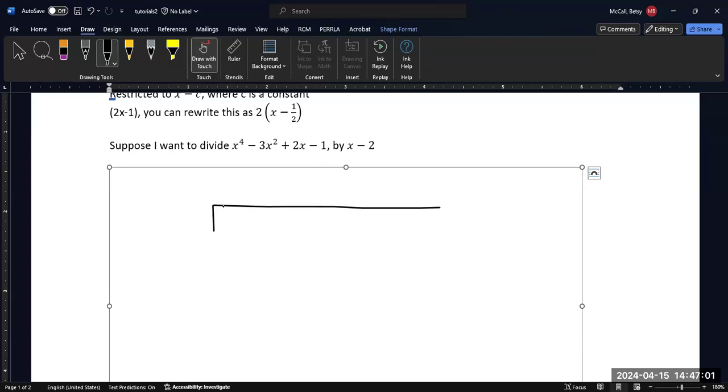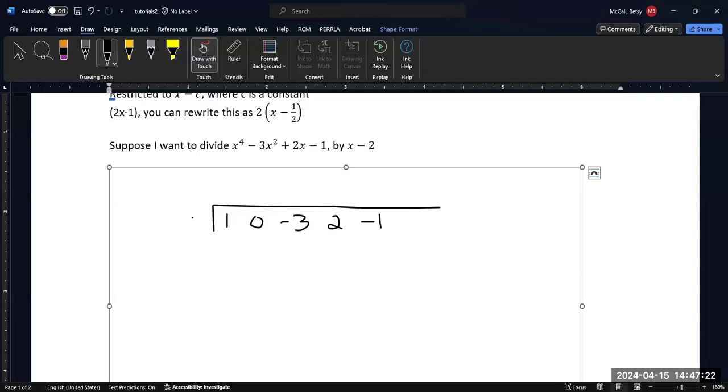And so the coefficient for x to the 4th is 1. There's no x cubed in here, but you have to fill it in. So that's a 0 for the x cubed. We've got -3 for the squared term, 2 for the linear term, and then -1 for the constant.